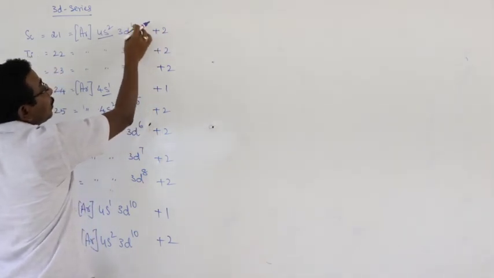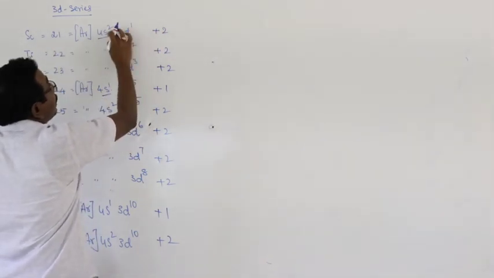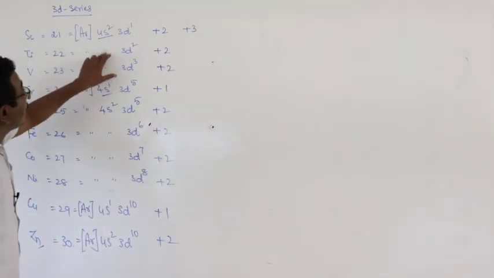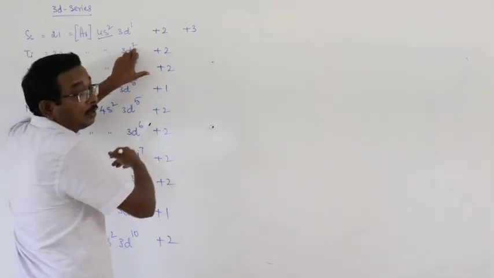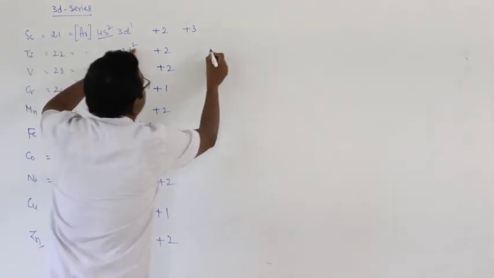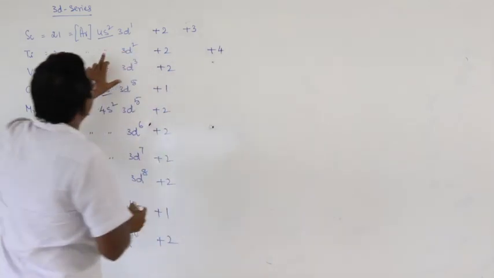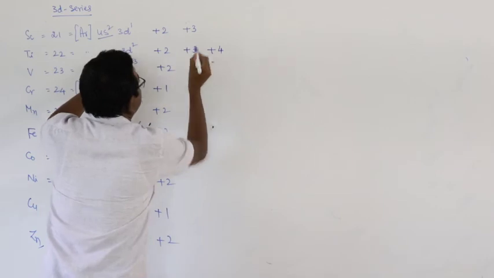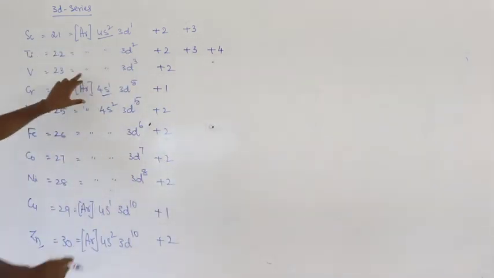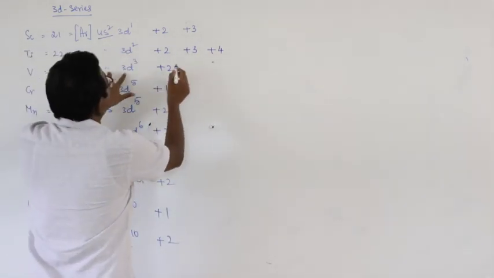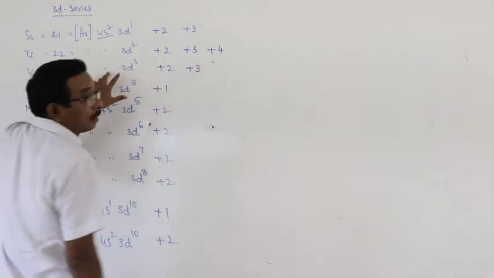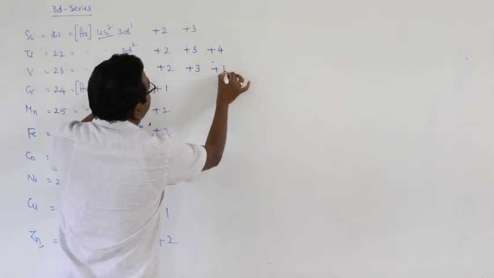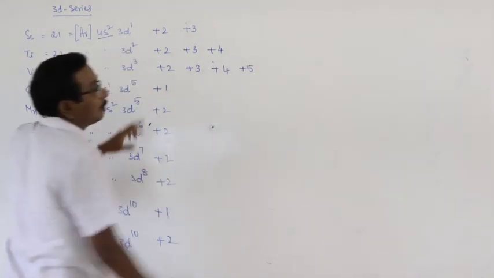Then the oxidation state shown by scandium is +2, +3. 3 electrons are lost, +3. 2 electrons from 4s, 2 electrons from 3d, then the oxidation state +4. 2 electrons from 4s, 1 electron from 3d, then +3. 2 electrons from 4s, 1 electron from 3d. 2 electrons from 4s, 2 electrons from 3d, +4, +5.